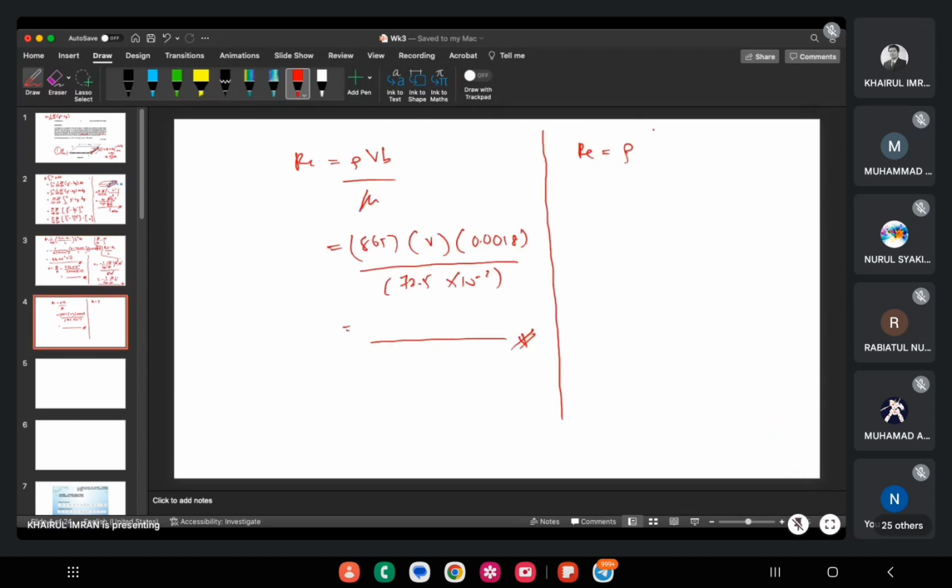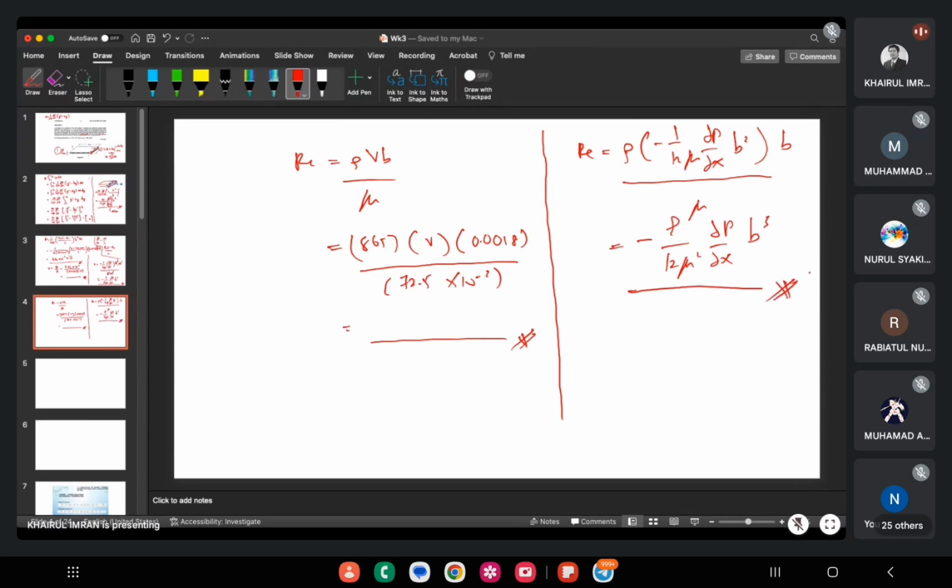Then there's one more B, and after that mu. So when you solve this, you will get negative rho divided by 12 mu squared del P over del X B cubed. So this is the Reynolds number in terms of expression.